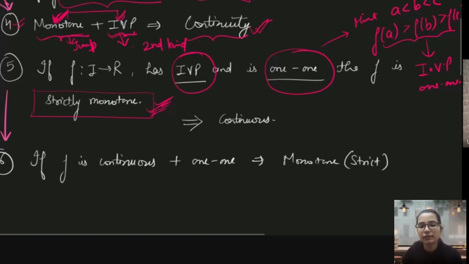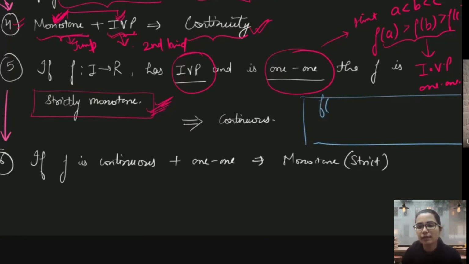If you go further in this, you can make two cases. f of A might be less than f of B. Just take the contradiction here: f of A can be less than f of C, less than f of B, or the second case can be f of C less than f of A, less than f of B.